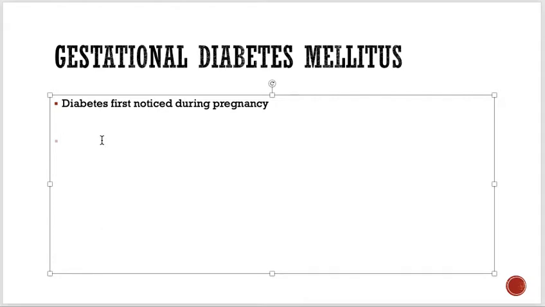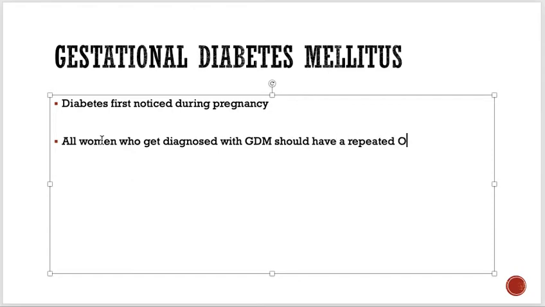And all women who get diagnosed with GDM, gestational diabetes mellitus, should have a repeated oral glucose tolerance test 6 weeks after the delivery, just to see whether they are coming back to normal or not. Now, guys, what's the importance of gestational diabetes mellitus?